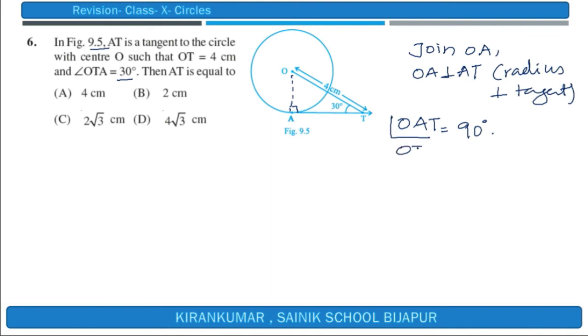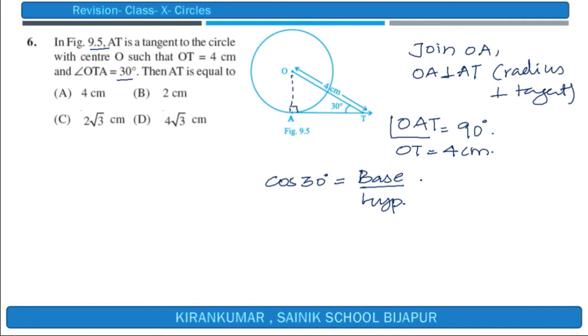The length of OT is known, which is 4 centimeters. Now we know a trigonometric relation which connects the sides here. If I consider cos of 30 degrees, this will be equal to the base upon the hypotenuse.